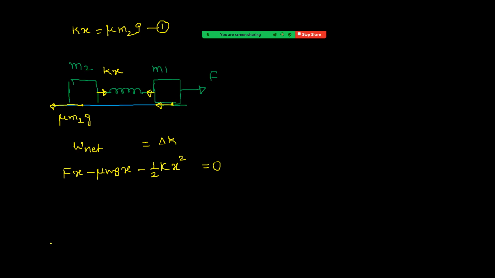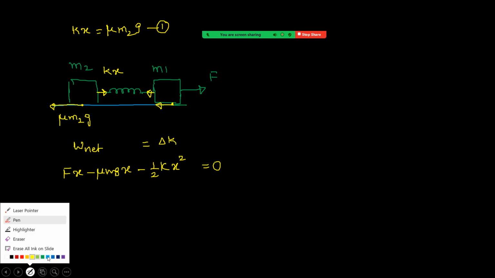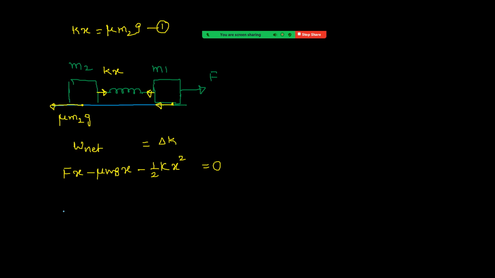Now see the calculation part from this. x and x remaining, F equals mu m1g plus kx by 2, and kx means mu m2g upon 2.